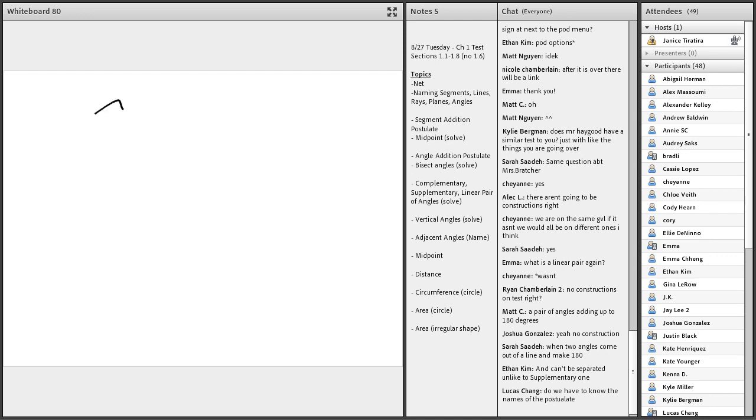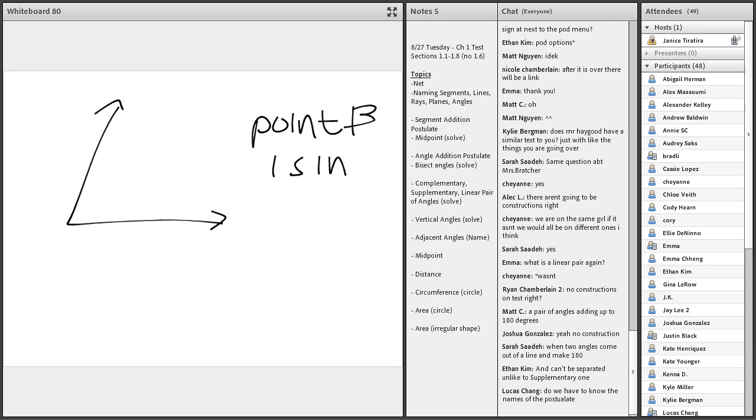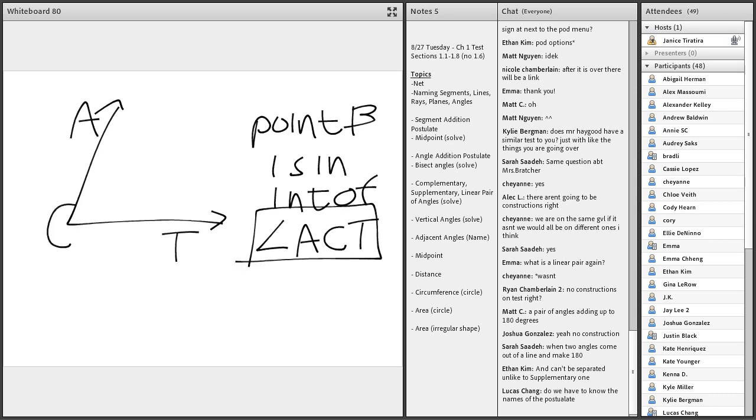Angle addition postulate, so let's say point B is in the interior of angle ACT. Always draw the angle and list it as you see it. B is somewhere in here, and then you have to connect it. If there's a sentence like that, you have to draw it by yourself.